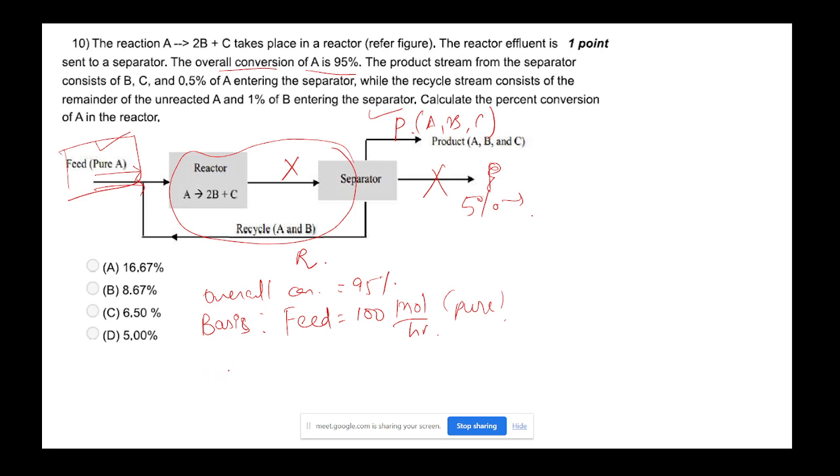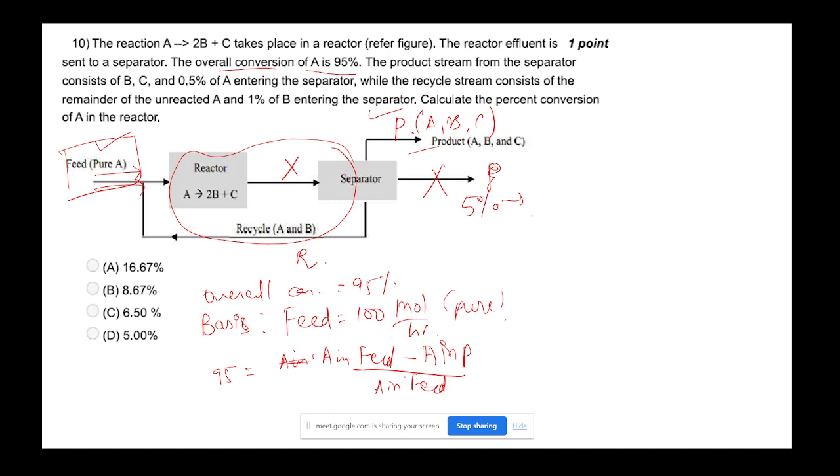So what does that mean? 95 equals the amount fed minus the amount present in the P stream, that is, A in feed minus A in P, divided by A in feed.